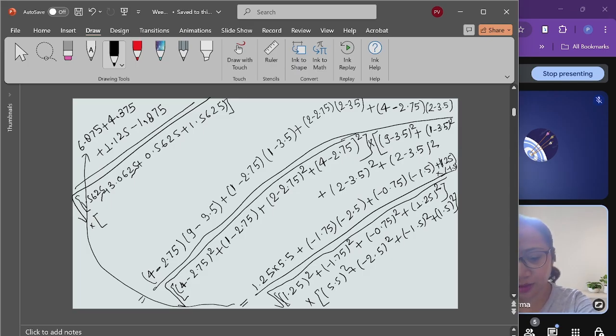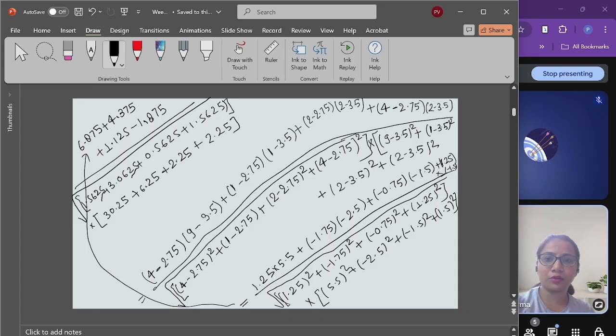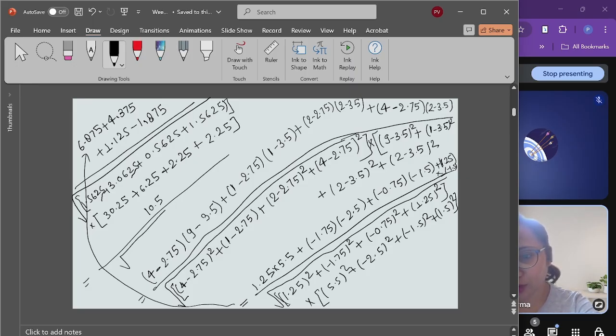And multiplied by 30.25 plus 6.25 plus 2.25, and here again 2.25. Now add all these values and multiply by the lower side. In the numerator, you will get the value of 10.5. In the denominator, you will get root of 6.75 multiplied by 41.